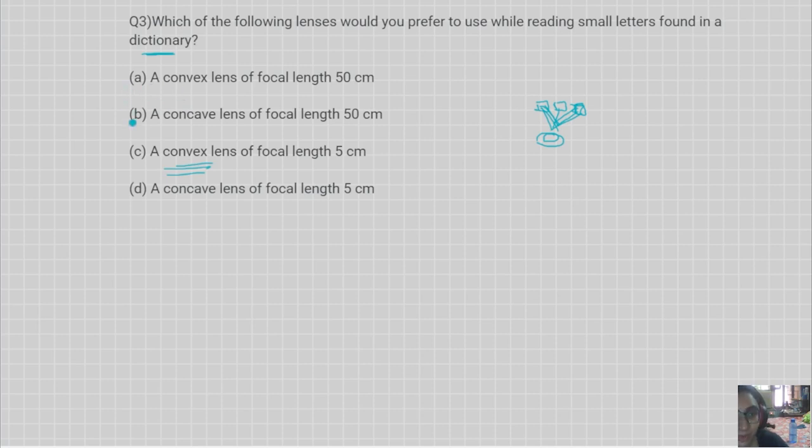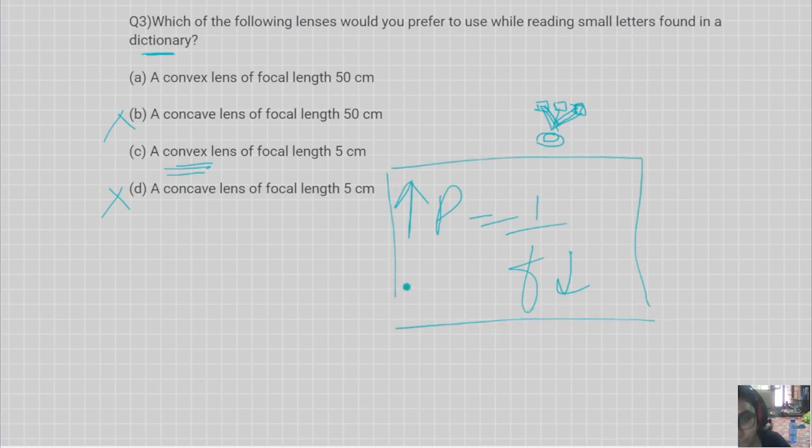Okay, so from here we can cancel out these two options. Now we know that when we talked about power, power is the reciprocal of focal length. So lesser the focal length, more will be the power. So better will be the convex lens at converging. So here we take the focal length with the lowest number, which is 5 centimeter.